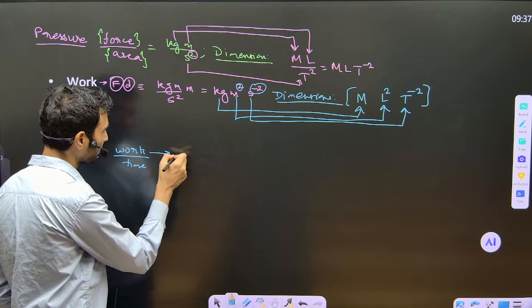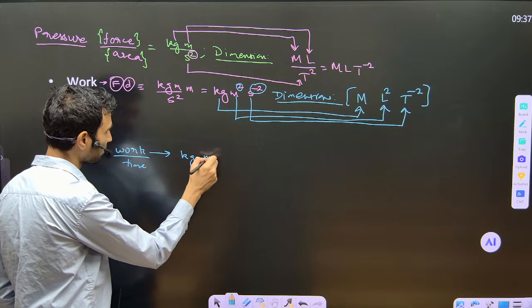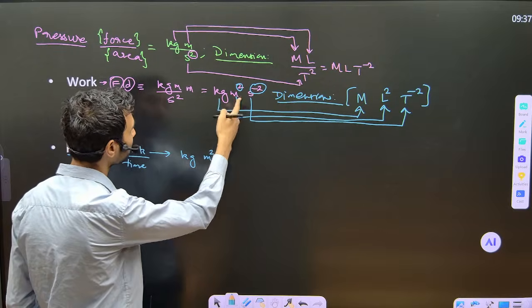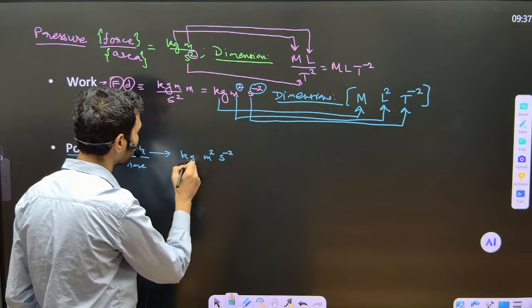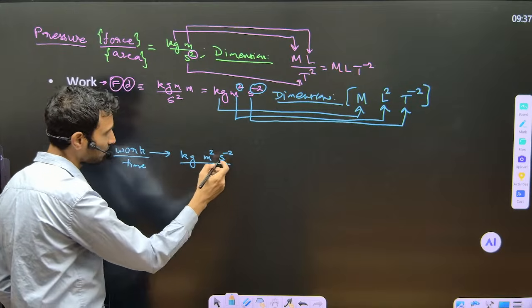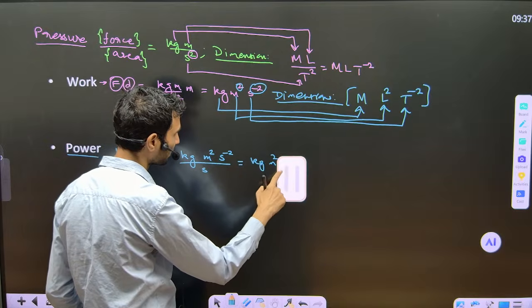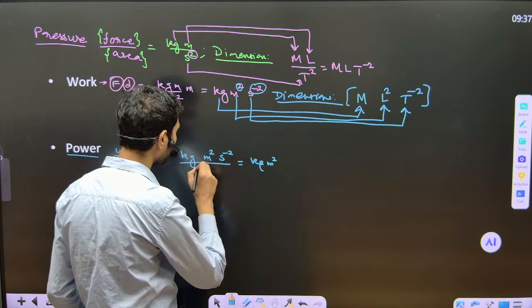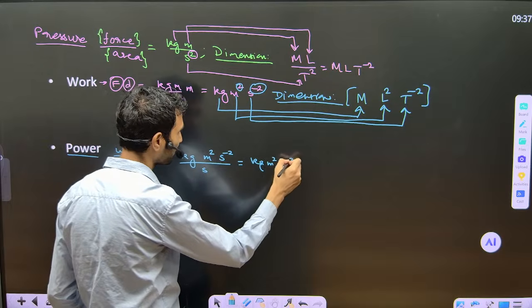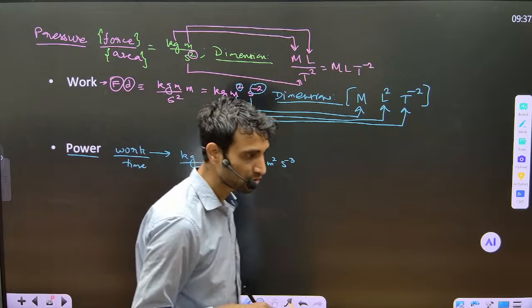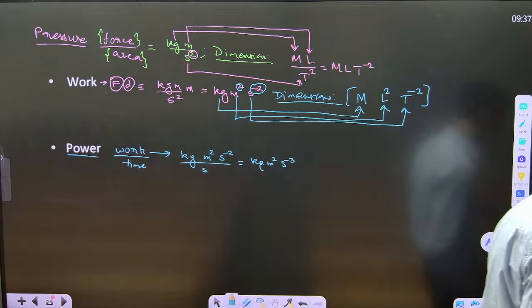So work unit is kg meter square s to the power minus 2 divided by time, which is second. So that makes it kg meter square into s to the power minus 3. And now try to write the unit dimension yourself. What is the dimension?